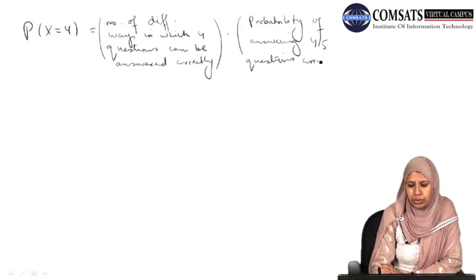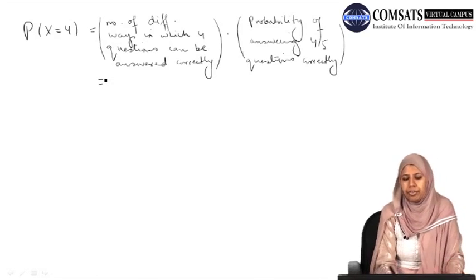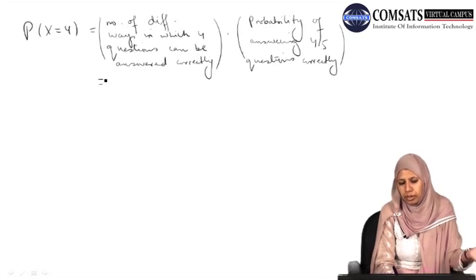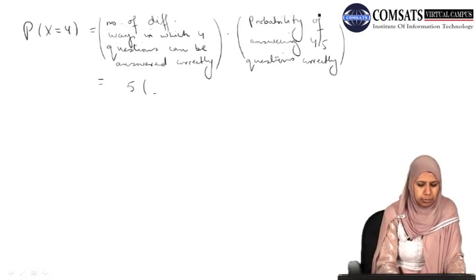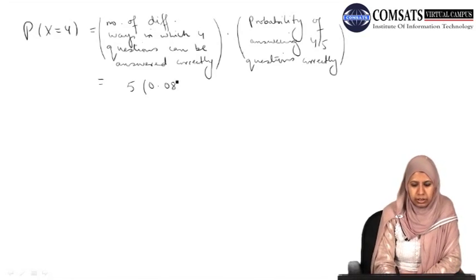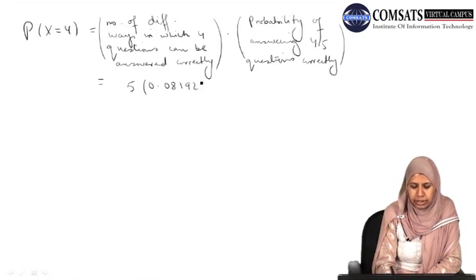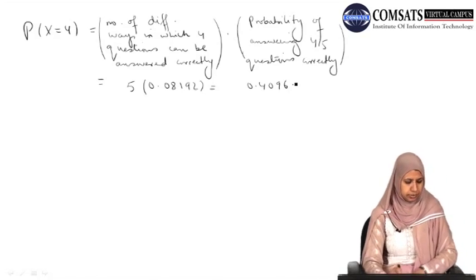Just the product of these two. Now, the number of different ways we can obtain 4 questions answered correctly is 5 ways, and the probability in each case, which we have calculated, is 0.08192, and calculating, we obtained 0.4096.